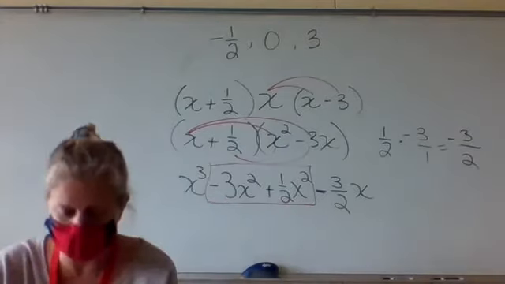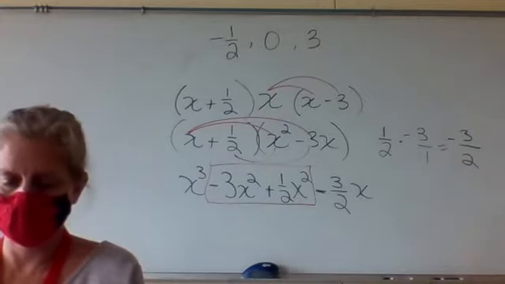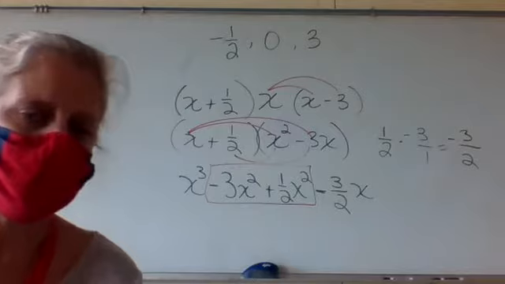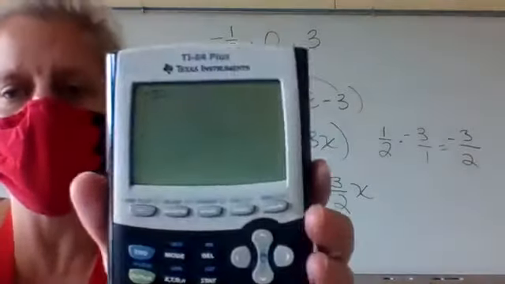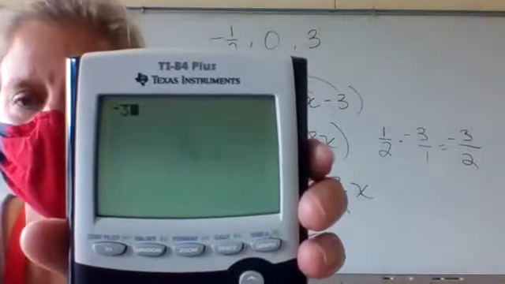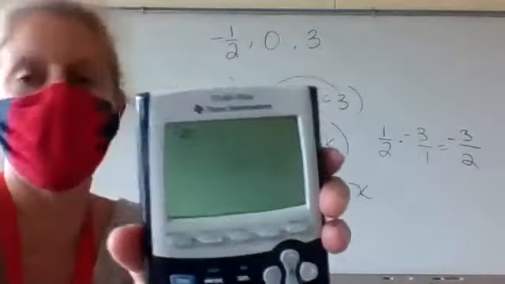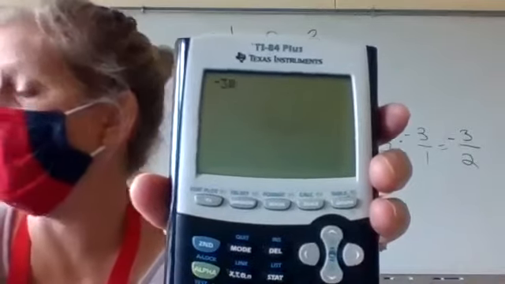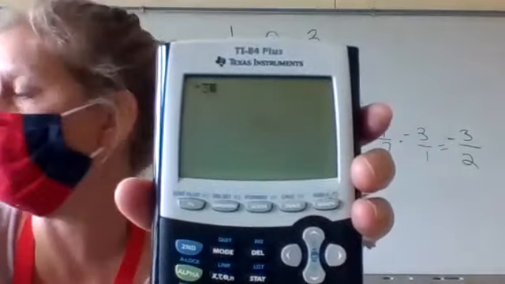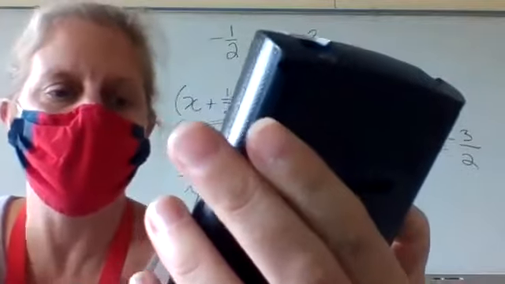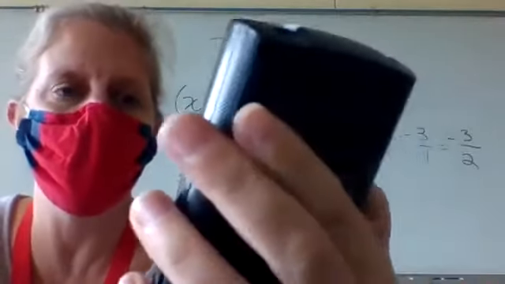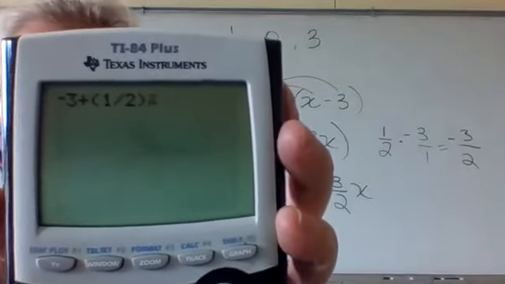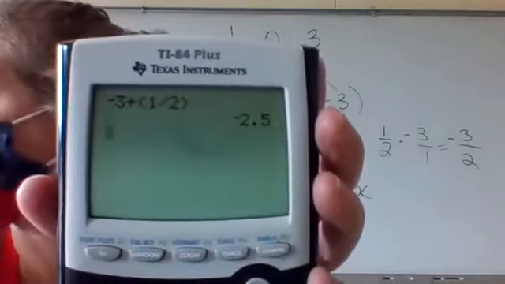So just type that exactly in. So negative 3, and then what I'm going to do here is put plus 1/2. Anytime I type a fraction into this calculator, I like to put parentheses around it. So I'm just going to do plus, open parentheses, 1 over 2. Hit enter.